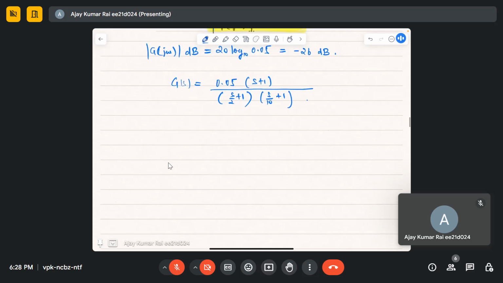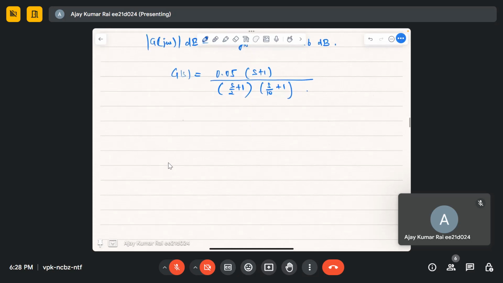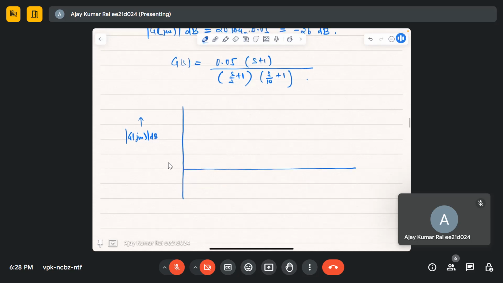So let's plot the magnitude plot here, in dB. We have 3 corner frequencies, right? 1 radian per second, 2 radians per second and 10 radians per second.